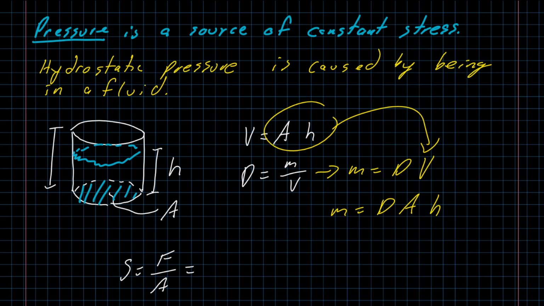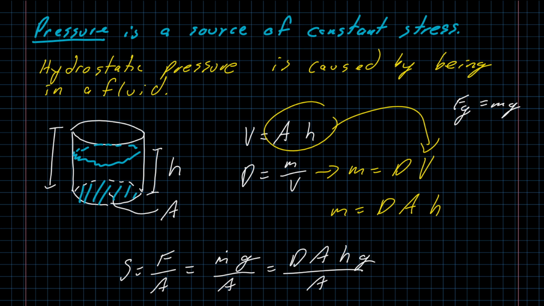Force, I guess it'll be the gravitational force. So I should have put that up here somewhere. Fg is m times g. So we have mass times gravity divided by area. And mass is, of course, density times area times height. And the areas cancel each other out.